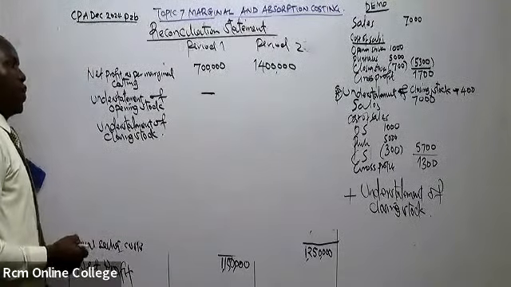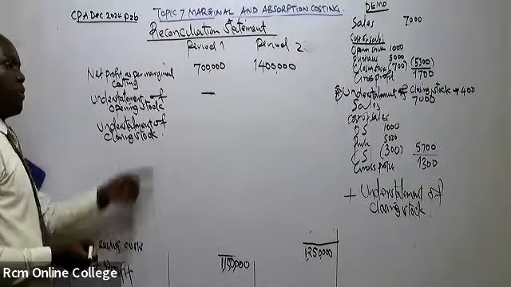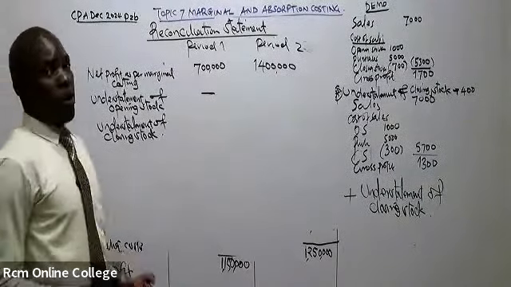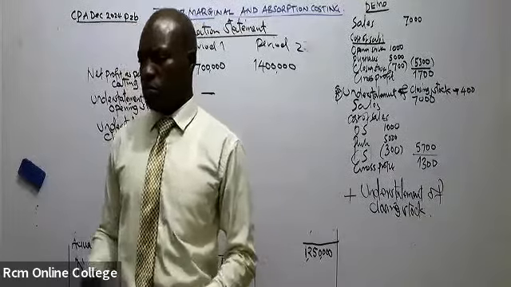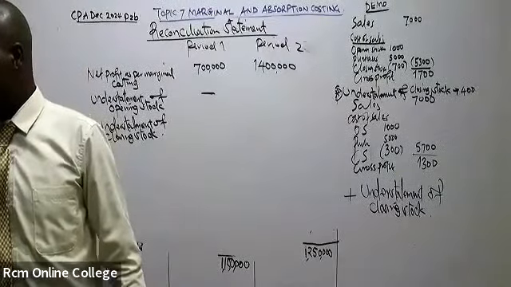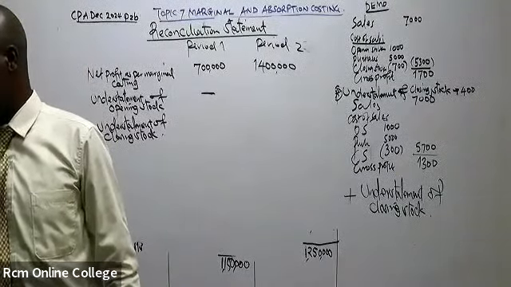Okay. Let us go to still period 1. Were we having closing stock for period 1? If yes, respond by giving me the quantity of the closing stock. 15,000, right? So we add 15,000 units.